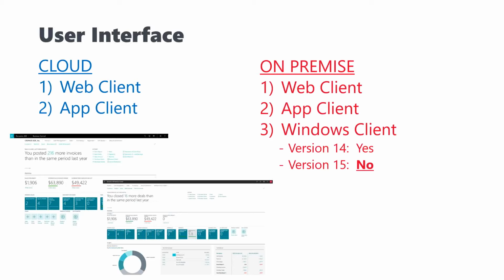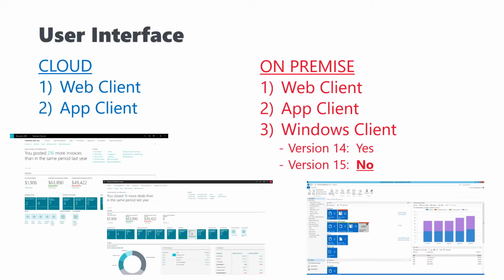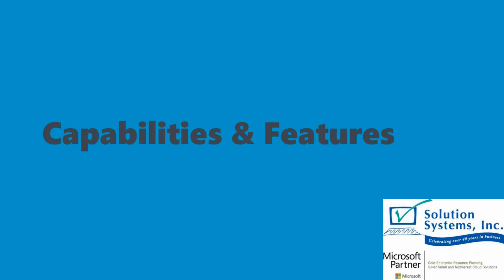In version 15, the latest release, the Windows client is no longer available. So if you're migrating to version 14, you can still continue to use the traditional Windows client with the role centers. However, once you get to version 15, it's the modern client, the views that you see on the left. So on the right is the Windows client, again, no longer available.